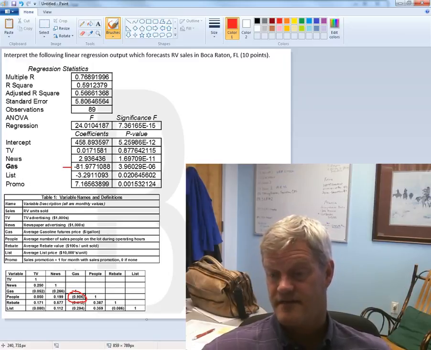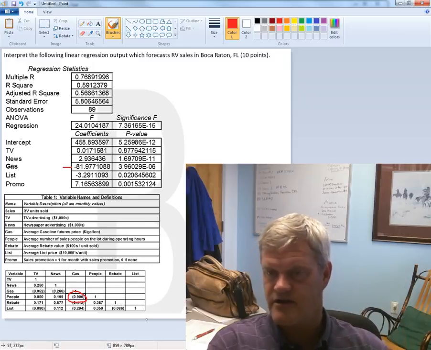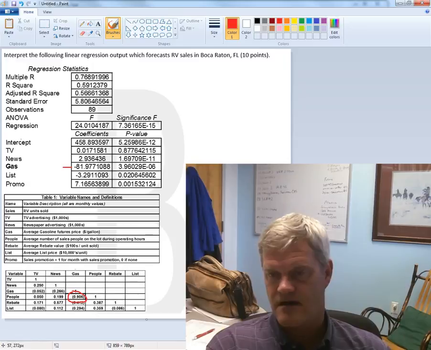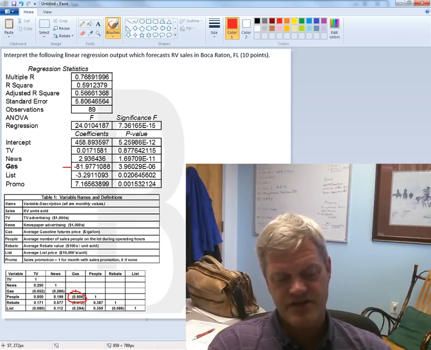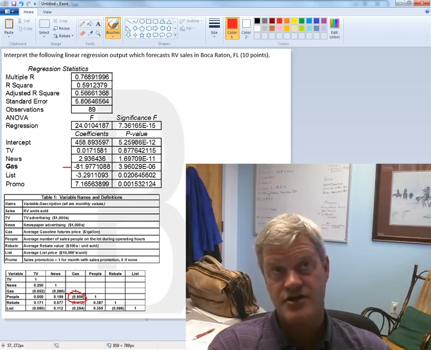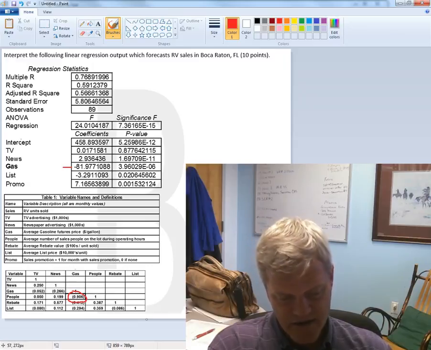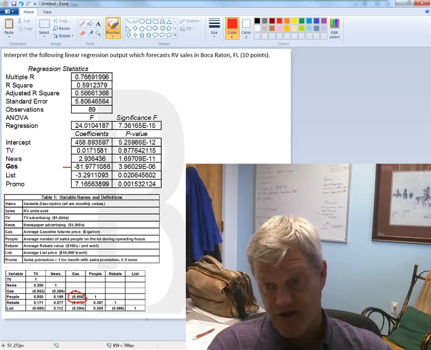Probably because it's highly collinear with gasoline advertising. When you have two variables that are highly collinear, you can't distinguish between the impact that they each make, okay? That example that I used in class was, if you were trying to use the amount of scotch and beer and wine to predict your blood alcohol level, you could predict your blood alcohol accurately by counting the number of glasses of wine, scotch, and beer that you had.